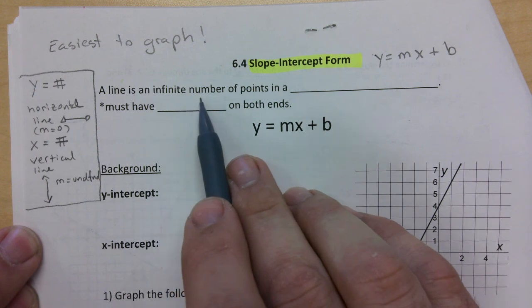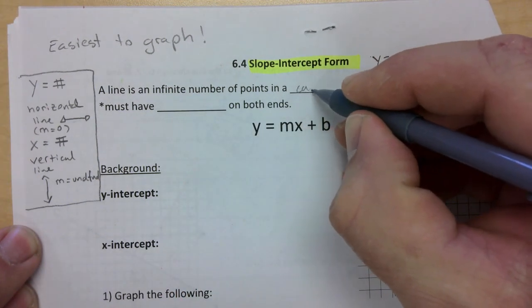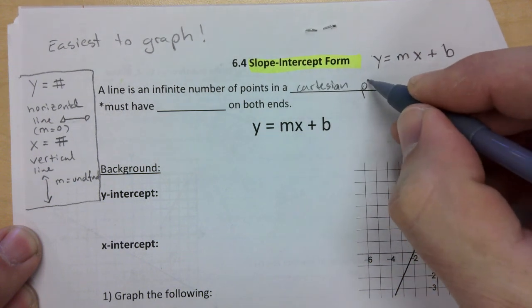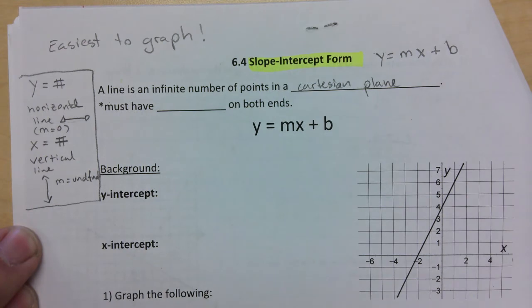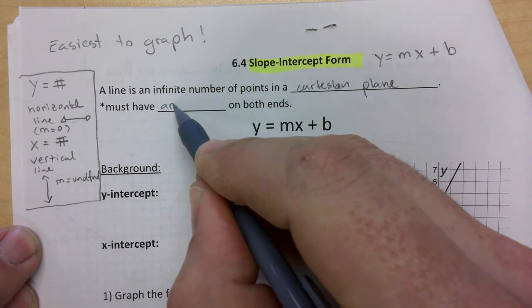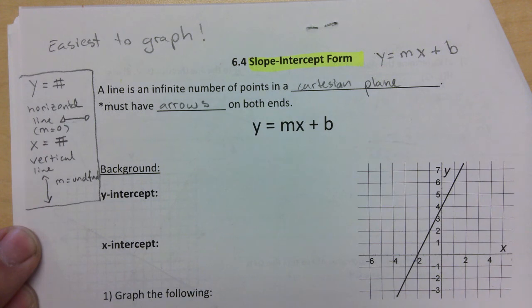A line is an infinite number of points in a Cartesian plane. It must have arrowheads, right? Arrows on both ends, okay?